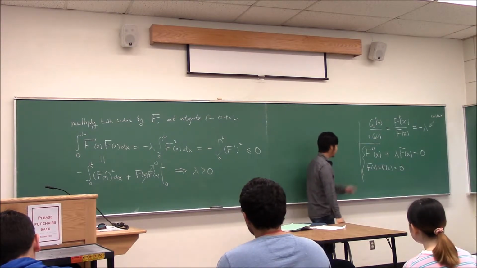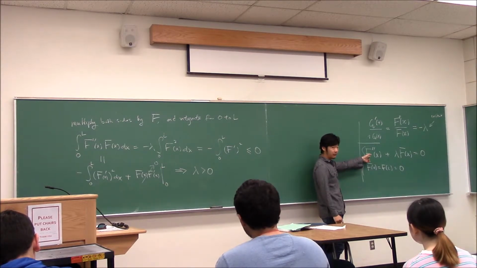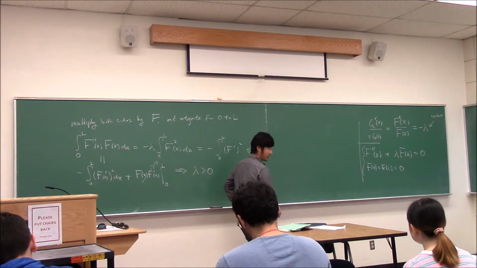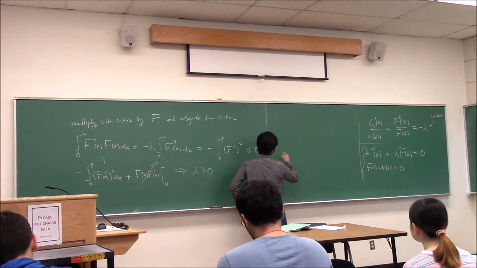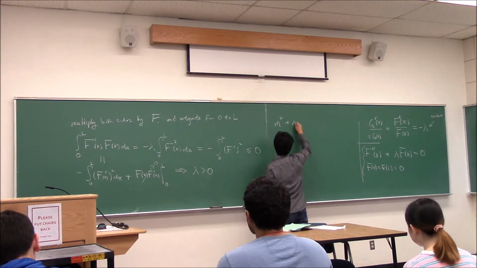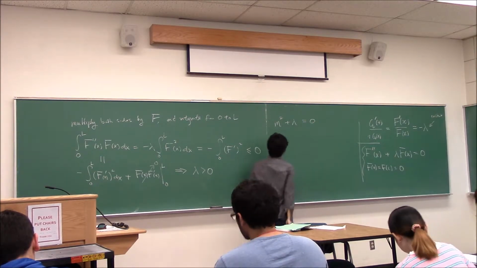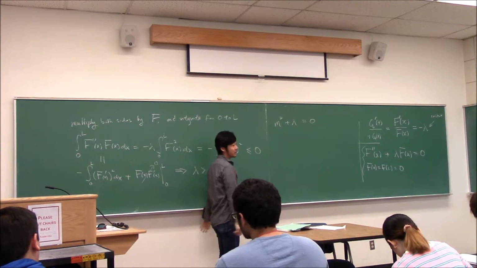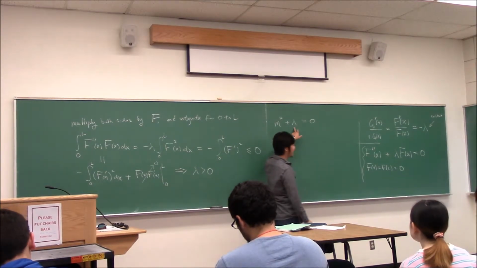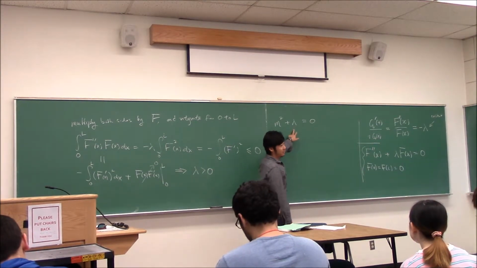Okay, so this is just a second order constant coefficient ODE, and so we can solve it using the characteristic polynomial. Right, so the solution to this is equal to, you first compute the roots of this characteristic polynomial, and we know that lambda is positive, so we're actually going to get imaginary roots, right?